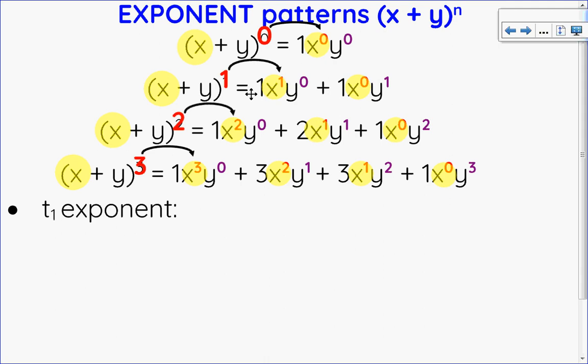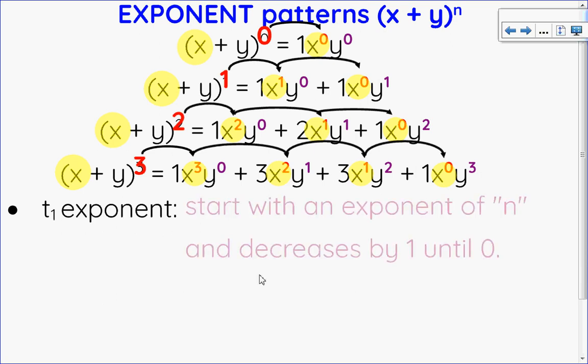And then look at what happens when we have more than one term. I start with 1 and I go down to 0. I start with 2 and I go down 1 and then 0. I start with 3 and I go down by 1, 2, 1, 0. So for the first term, the exponent will always start with an exponent of n, where n is the exponent on the outside, and decreases by 1 until you reach 0.